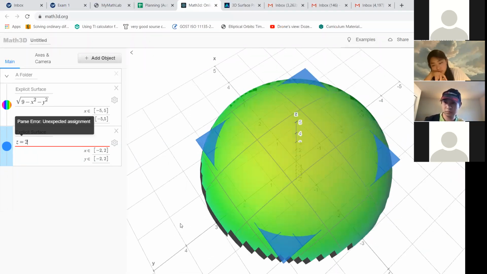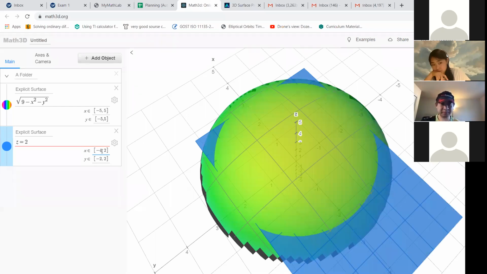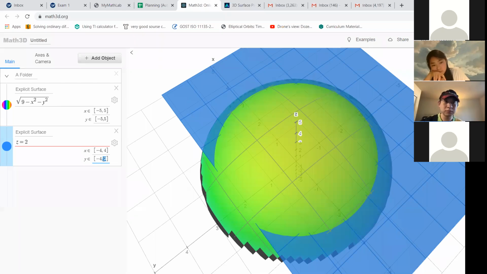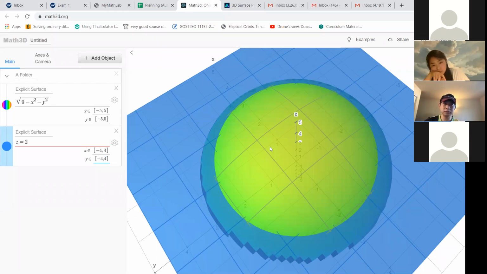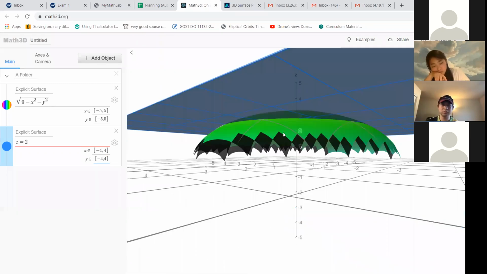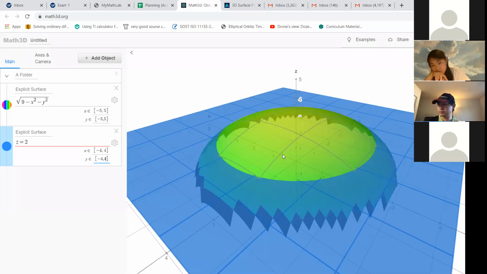Do you see the intersection? The intersection between the plane and your graph is just a circle. So let us increase the range here, 4 and 4, so you can have a better visualization of this circle, which is your level curve. Here we go. You can actually see the intersection between your plane and your function.